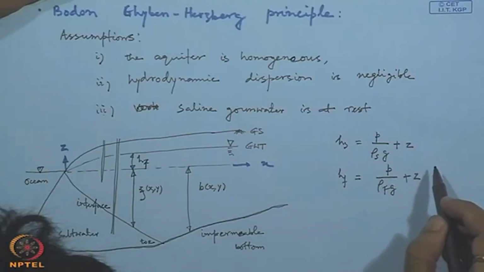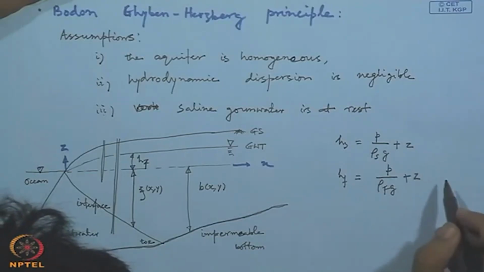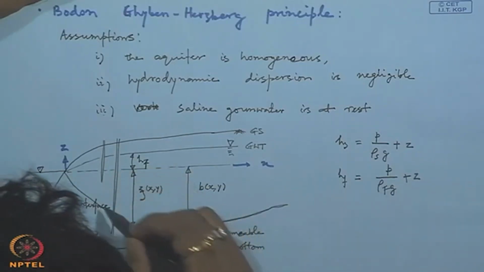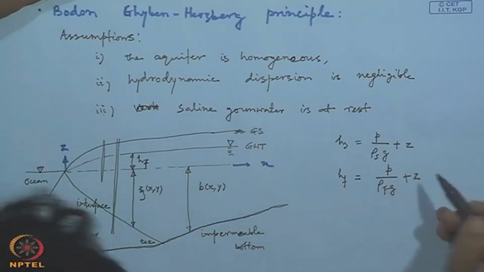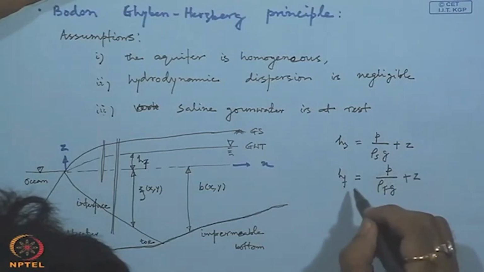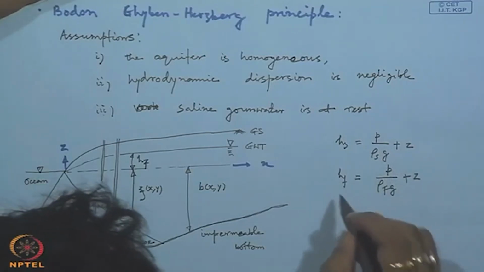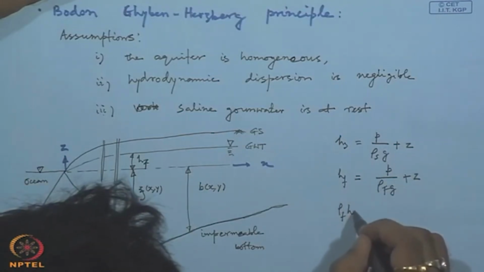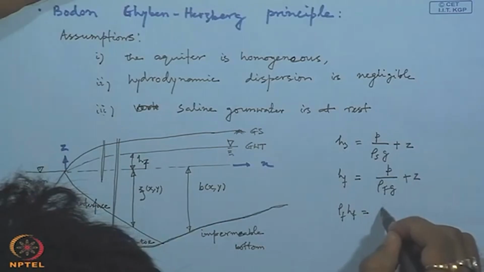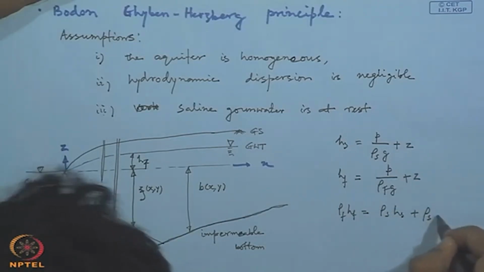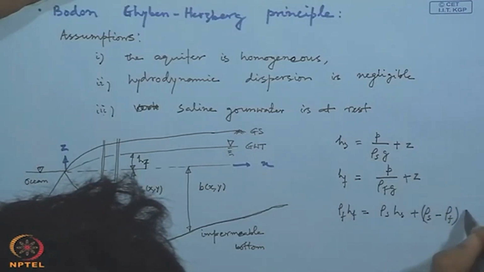So, during dynamic equilibrium there should be pressure continuity at the interface. So, what we can do, we can equate the pressure from these two equations, and we can directly write h_f in terms of rho_s, h_s and rho_s minus rho_f.